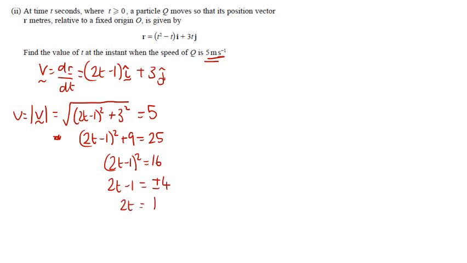So 2t is equal to 1 plus or minus 4. Now again, t is positive or 0, so 1 minus 4 is going to give us a negative value of t, so we'll just take the positive sign there. So t is equal to 1 plus 4 over 2. Okay, so 5 over 2. Okay, that's it.